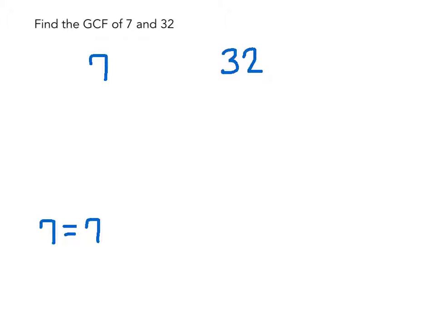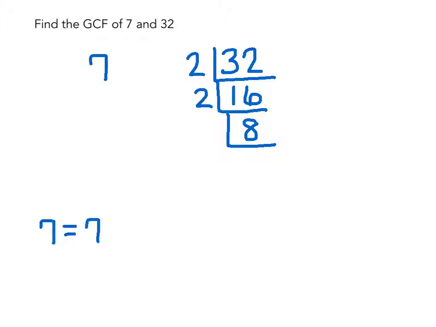32. 32 is not a prime number, so I box it in. It can be divided by my smallest prime number, which is 2. 2 divides into 32 16 times. That's not a prime number, so I box it in, and it can still be divided by 2 8 times. 8 is not a prime number, so I box it in.